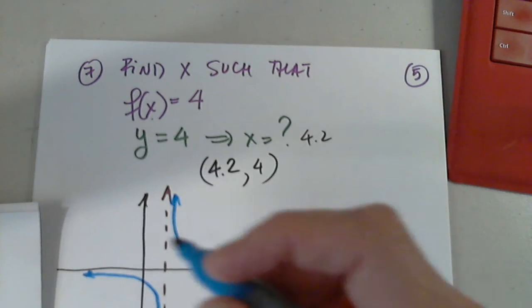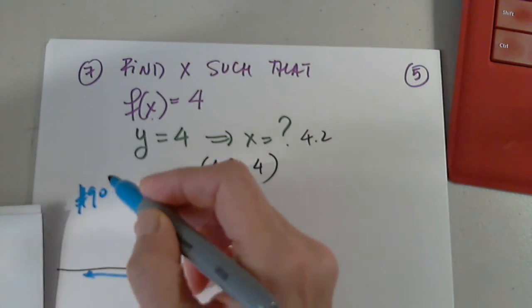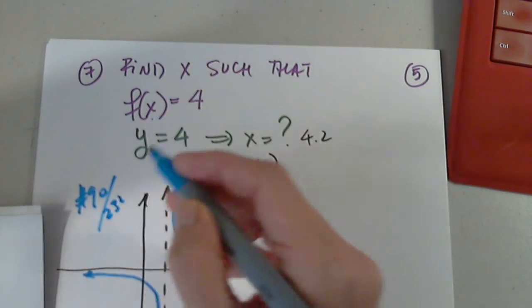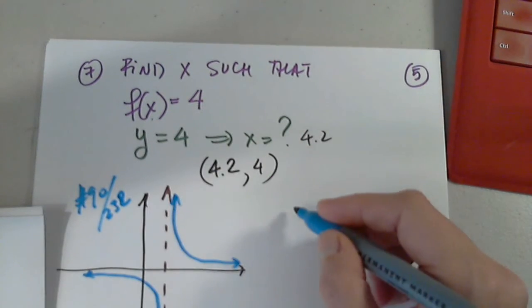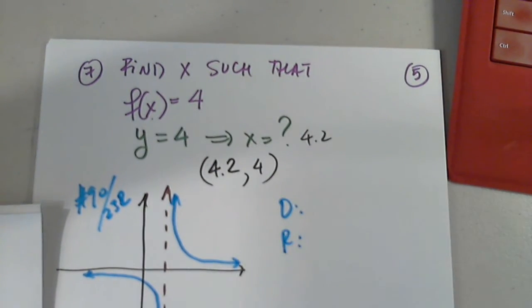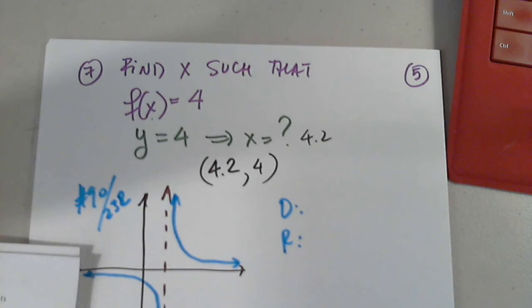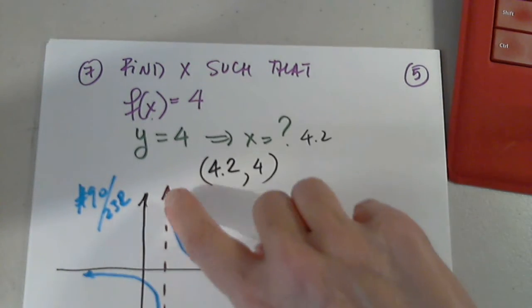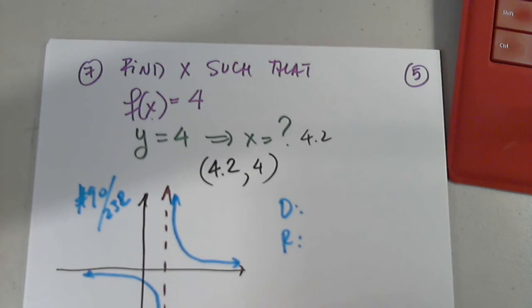Here I only want the domain and range. Everything else should be clear. And this vertical line, we will talk about it. It's at x equals 1.